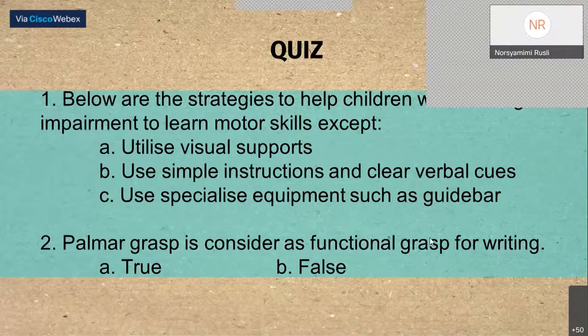Palmar grasp is considered a functional grasp for writing. Are you sure it's true? So B, it's false. Okay, good.